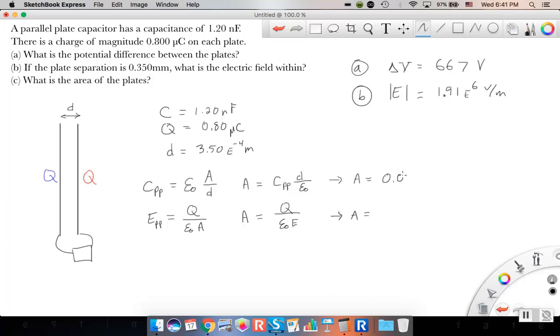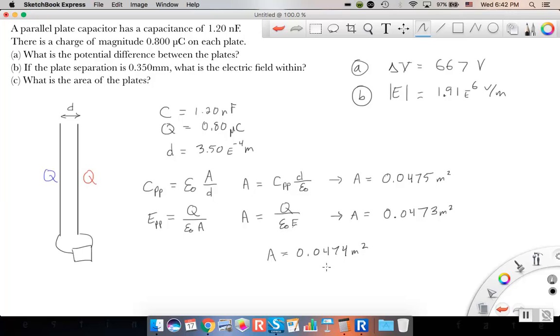This one gives us 0.0475 meters squared, and this one gives us 0.0473 meters squared. This is a little above and this is a little below, so it would probably be fine for us to take the area to be 0.0474 meters squared, and we can also put that into units of centimeters squared if we want.